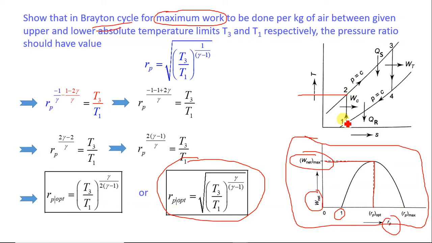Basically P2 by P1 or P3 by P4. Pressure ratio 1 means points 1 and 2 will overlap and points 3 and 4 will overlap. So when the pressure ratio is 1, W net will become 0, and when the pressure ratio is maximum, W net will also become 0. This we understand from this graph. And when the pressure ratio is optimum, W net is maximum.